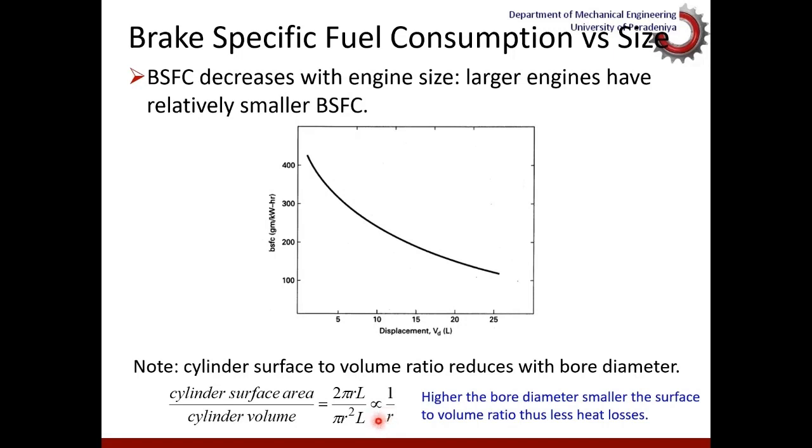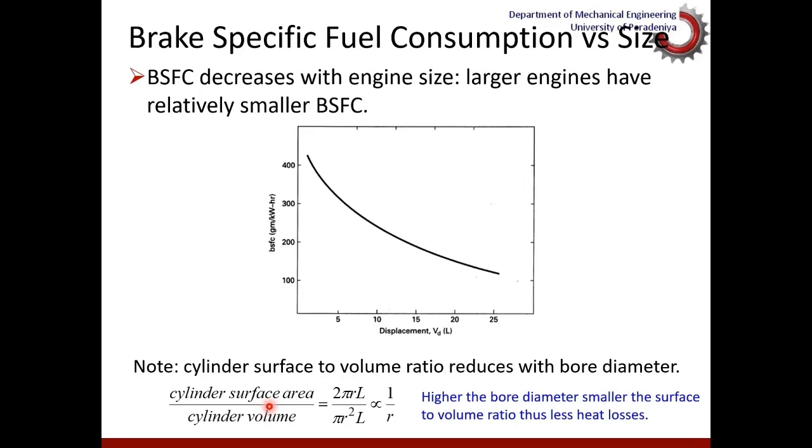So when the bore is increased, the surface to volume ratio is reduced. And when the surface to volume ratio is reduced, surface area is reduced, we know that the heat transfer is reduced. So higher bore diameter, smaller the surface to volume ratio, thus we could expect comparatively lesser heat losses.